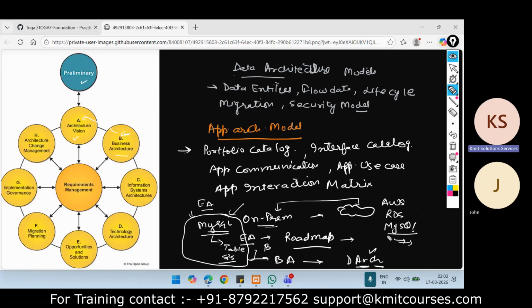Those things are again defined at the top level, but when it comes to phases B, C, D, that is the implementation or the detailed discussion. For example, the enterprise architect says it is a data migration, but how that will happen and what the technical challenges are, those things are in the respective phases.